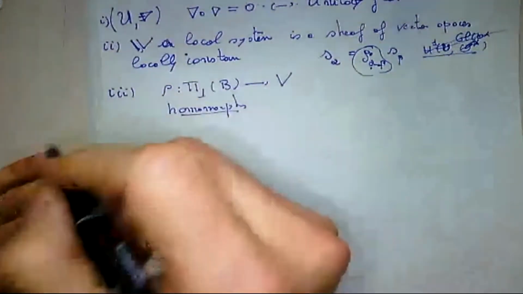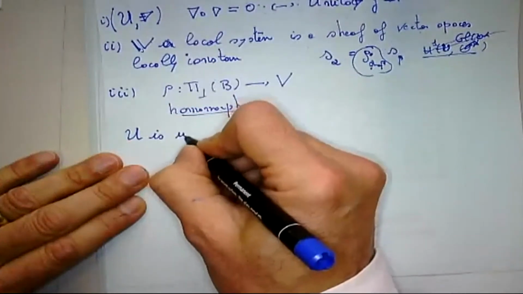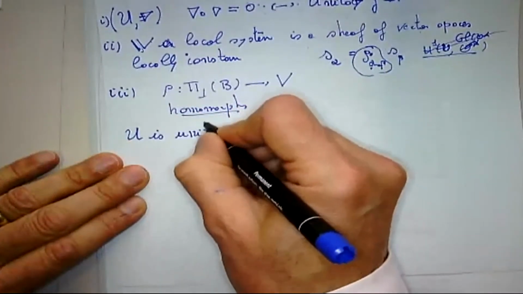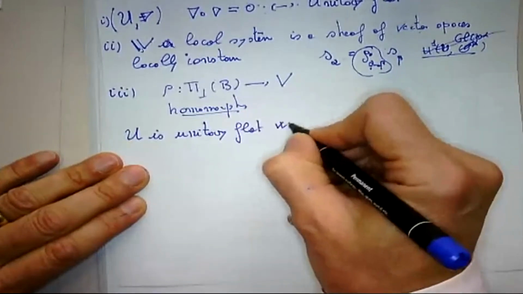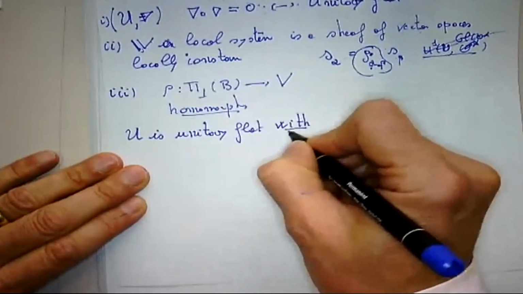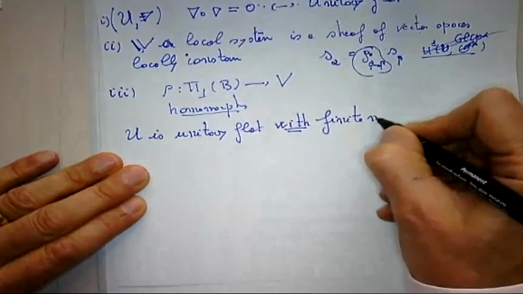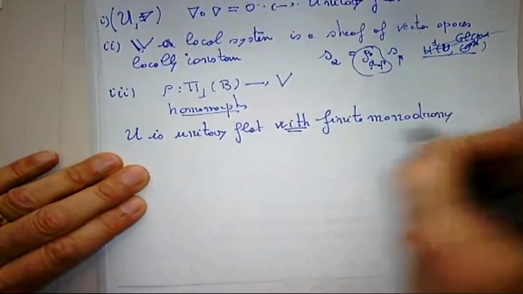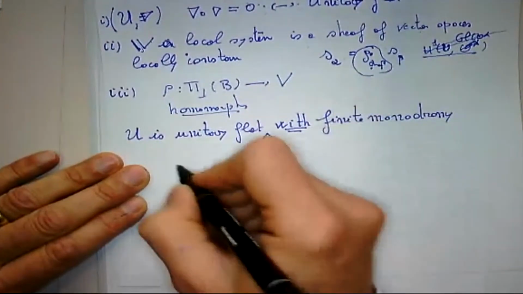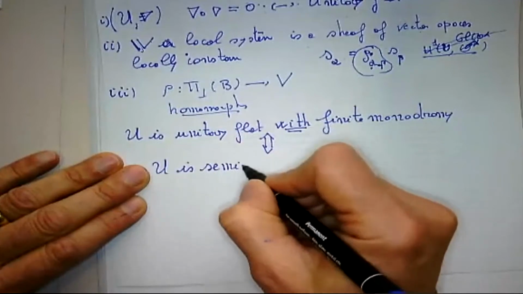So in this sense, U is unitary flat, with, this is the new fact, finite monodromy.